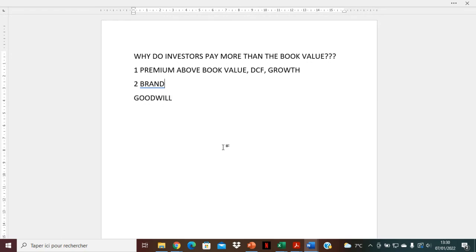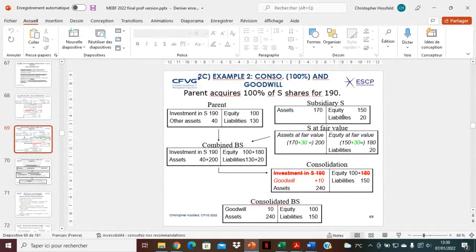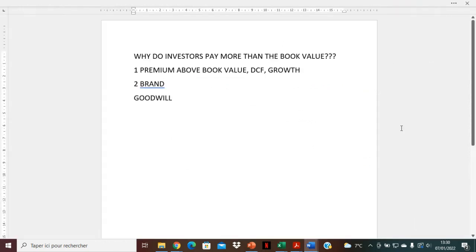Okay, and if the brand name is internally generated, then the brand name will not be accounted for by the subsidiary. So if I create my company and I create a brand, and over time this brand becomes more and more known and therefore has a higher and higher value, the brand name will not be accounted for in my balance sheet because it's an internally generated brand name.